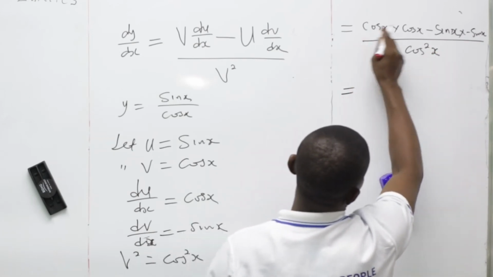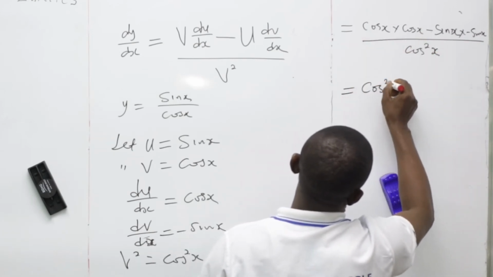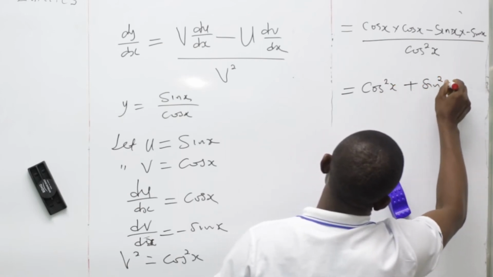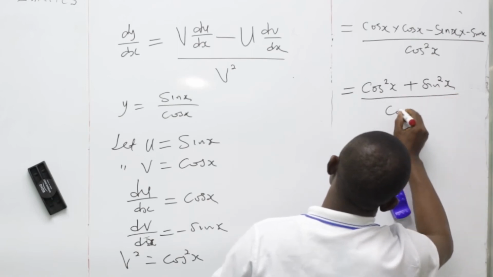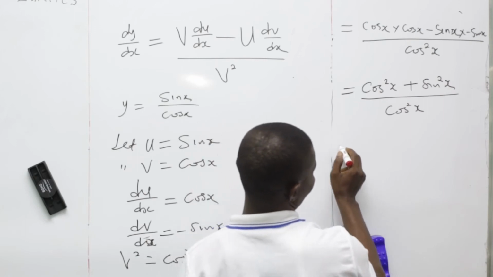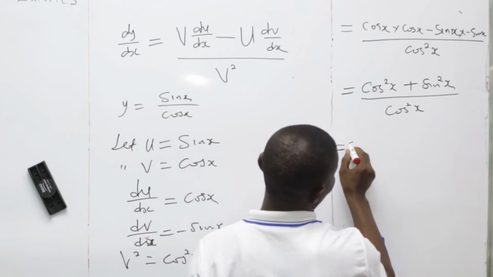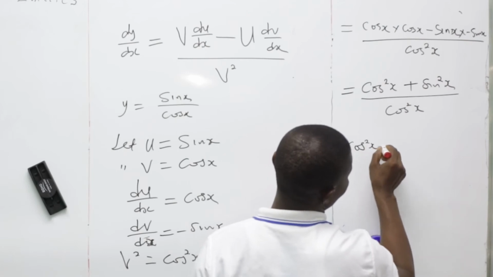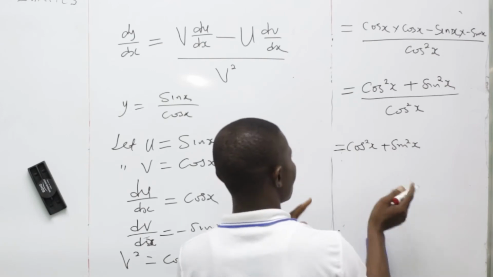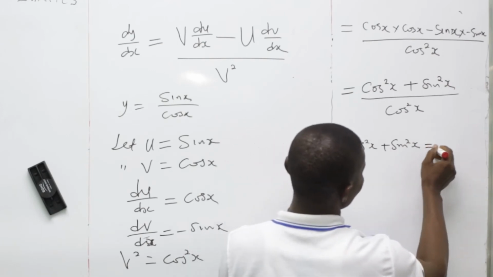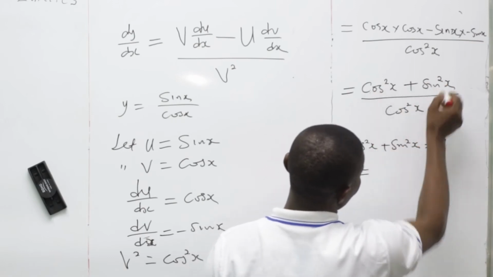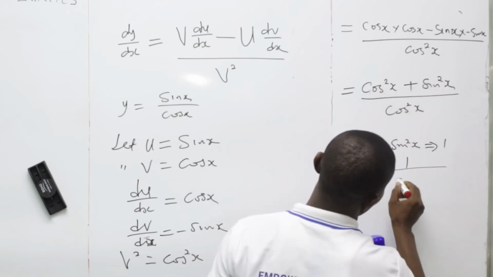This will give us cos x times cos x, which gives cos squared x, minus this and this is what? Sine squared x, divided by who? Cos squared x. Recall that from trig, we know that sine squared x plus cos squared x equals, implies what? 1. This plus this will give us 1, all over who? Cos squared x.